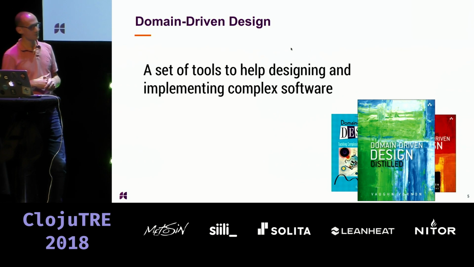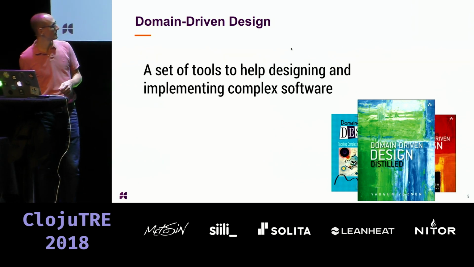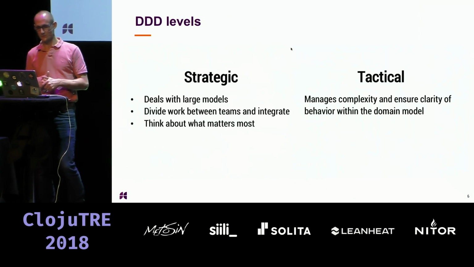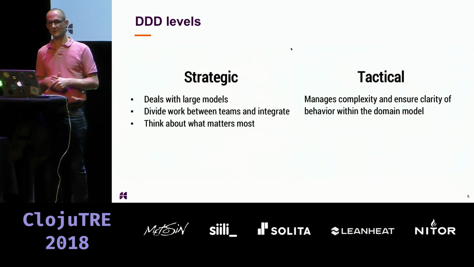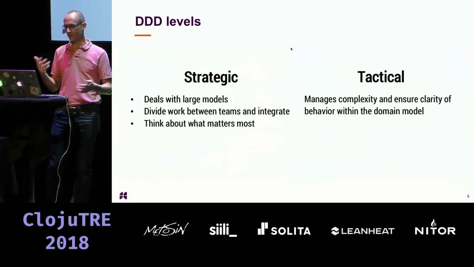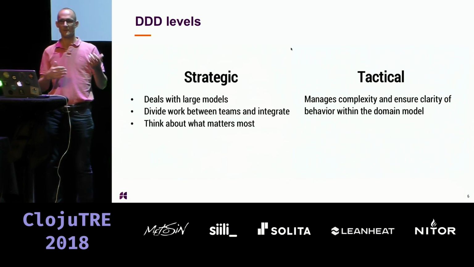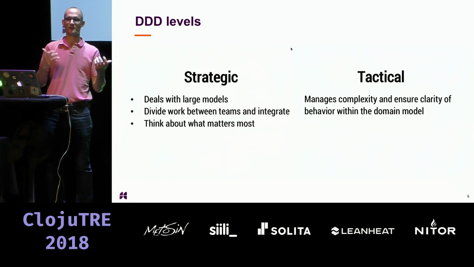What DDD brings us is mainly patterns, and there are two levels of patterns in DDD. The first one is strategic, and it allows you to deal with large models. It will help you divide the work on some problem space across teams, and help you deal with a way to integrate that work.